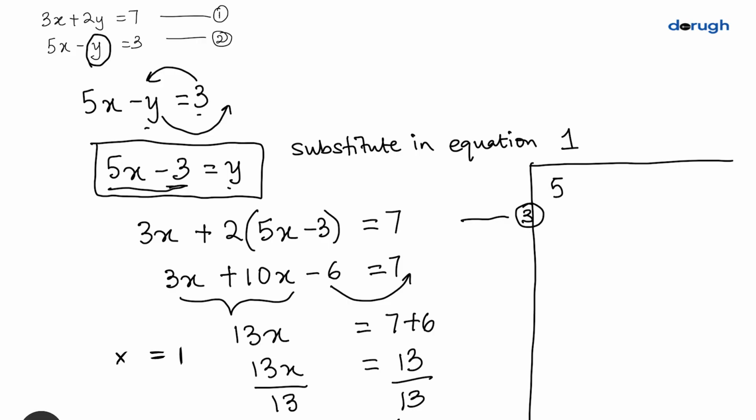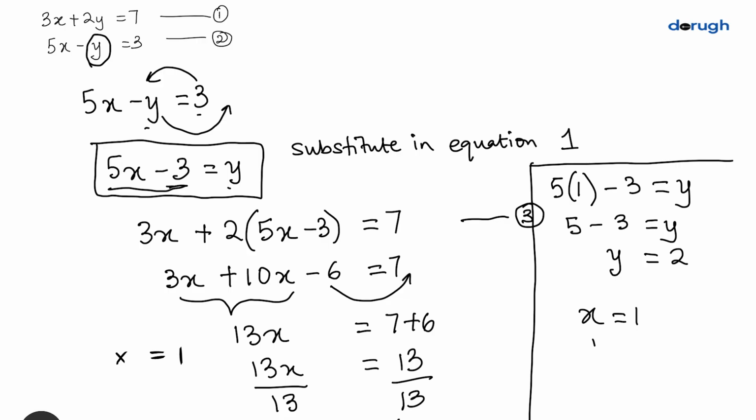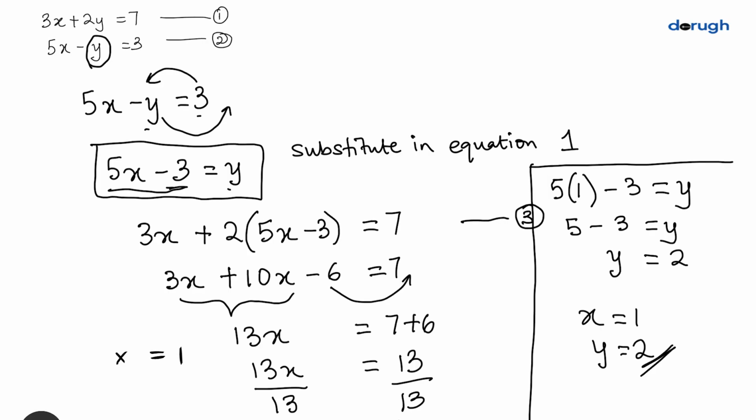So we have 5 minus 3 equals y. 5 minus 3 is 2, so if I flip it, y equals 2. At the end of the day, x equals 1 and y equals 2. This is the result of the simultaneous equations we started with.